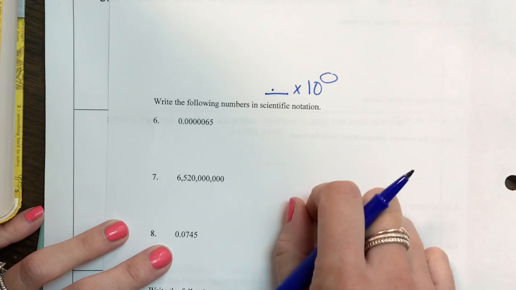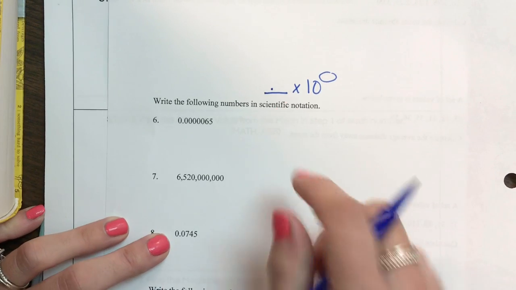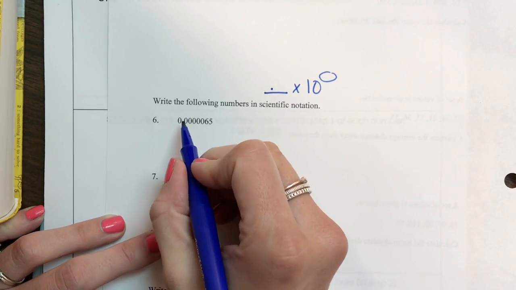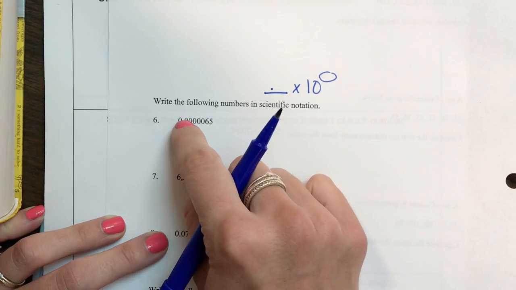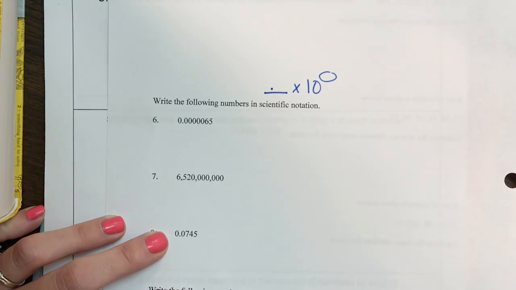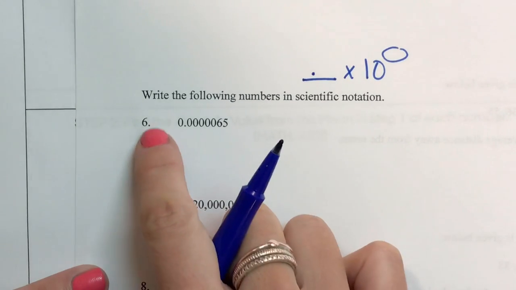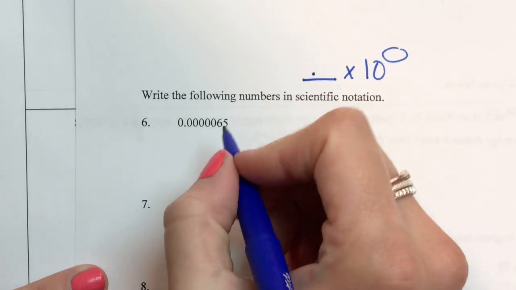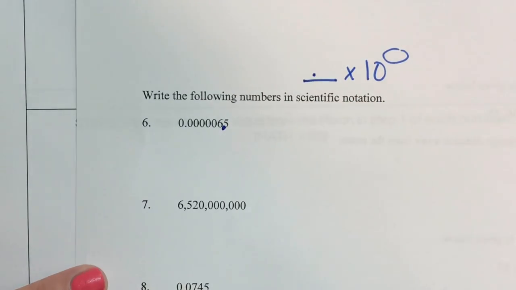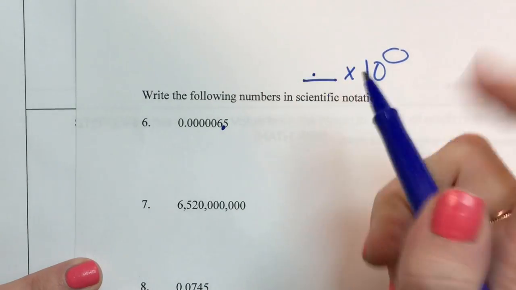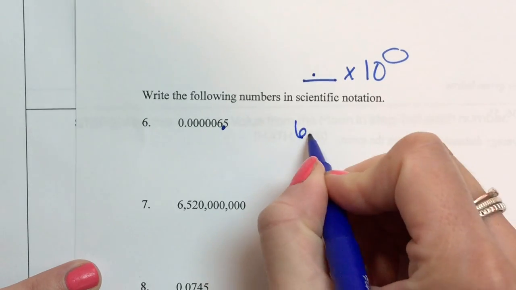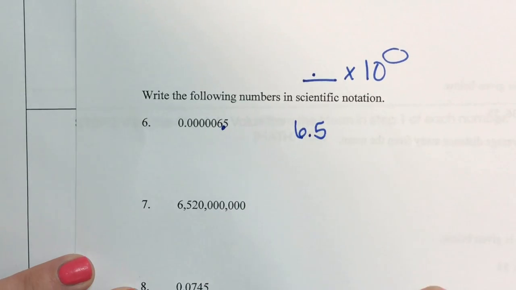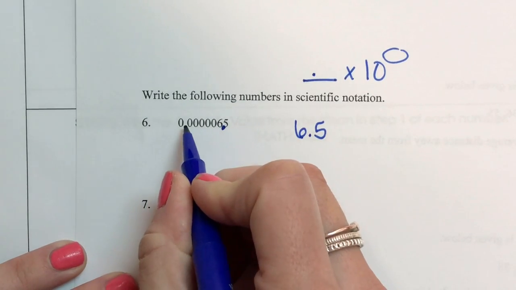But the other way we can check that, the first step is we've got to put a new decimal after the first non-zero. So the first number that's not 0. I'm looking, I see 6. That's where my new decimal needs to go. So the first part of my scientific notation, I've got 6.5. And my old decimal is here.